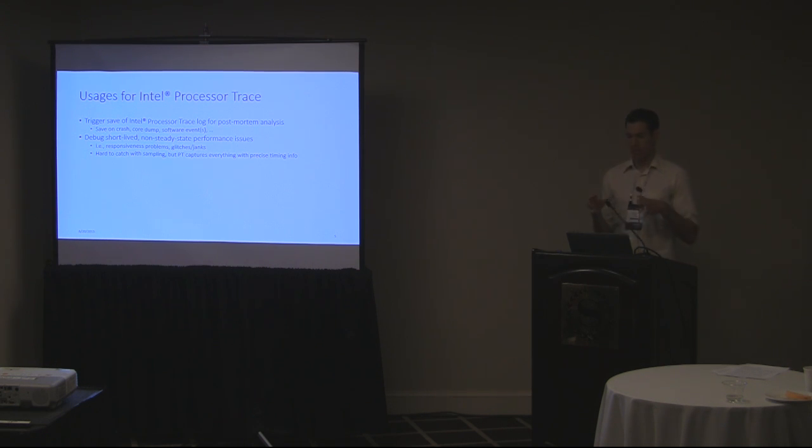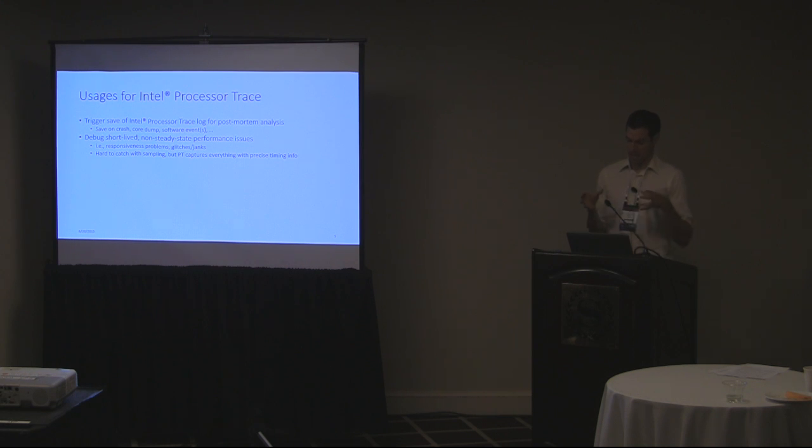Also, debugging user experience type short-lived performance issues. So sampling is a very common and very useful technique for performance analysis when you're looking at what's dominating your software execution, how is it behaving in its steady state, and produces a lot less data than something like processor trace does.